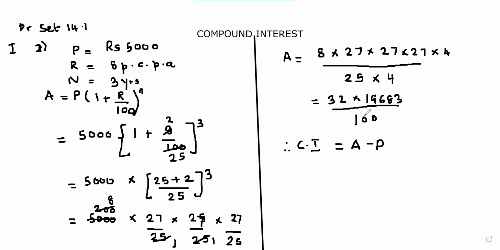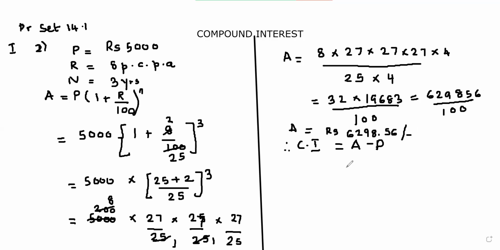So when I multiply this by 32, I'll get 629856. When I divide it by 100, it goes 2 decimal places. So my amount is equal to rupees 6298.56.